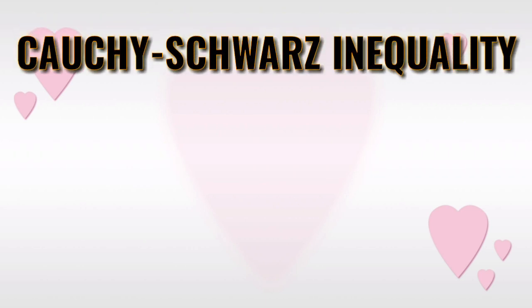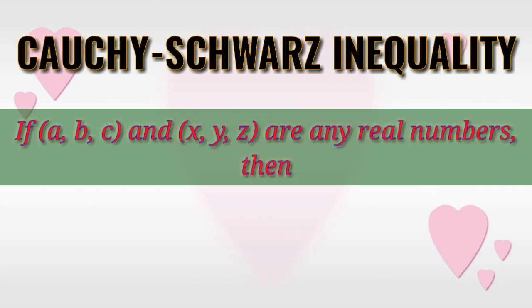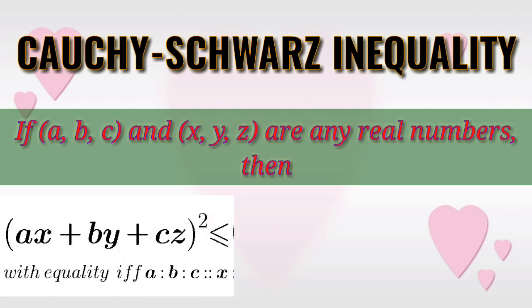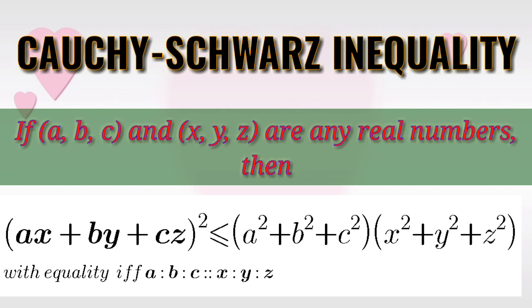Now, let us see what the Cauchy-Schwarz inequality is. If a, b, c and x, y, z are any real numbers, then (ax + by + cz)² ≤ (a² + b² + c²)(x² + y² + z²).